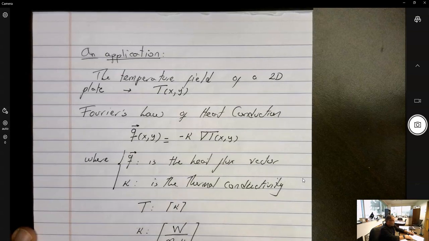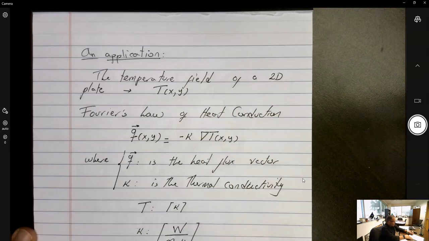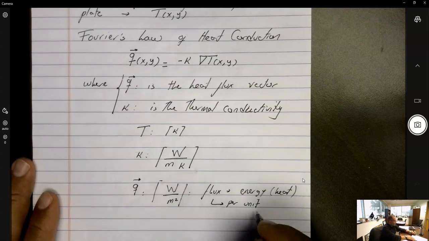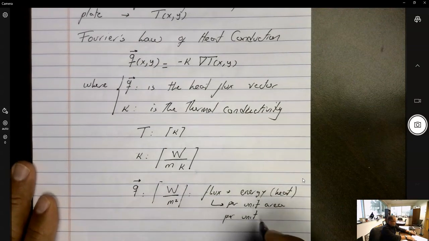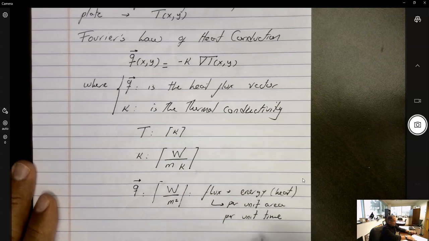Because it's a flux, it is energy or heat per unit area per unit time. That's what flux means.